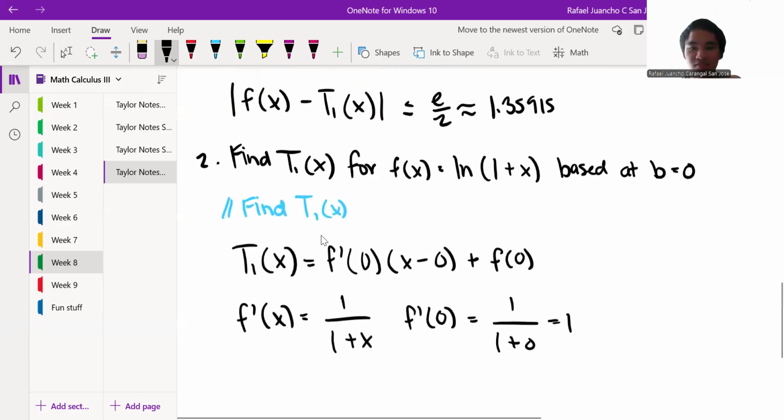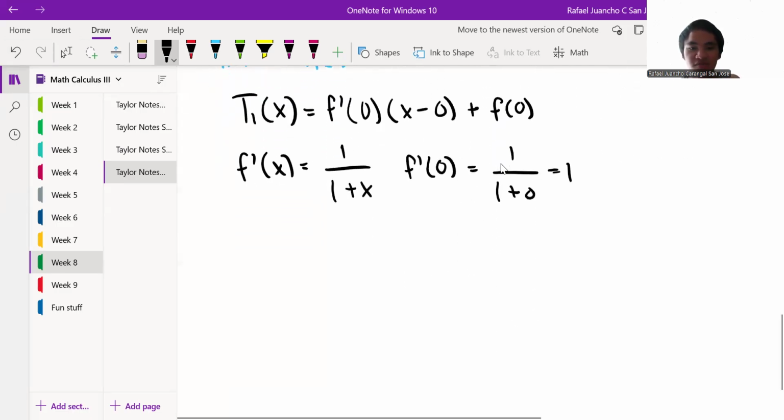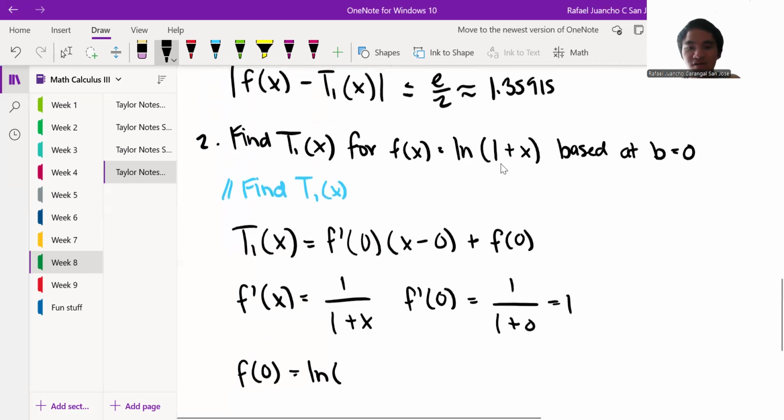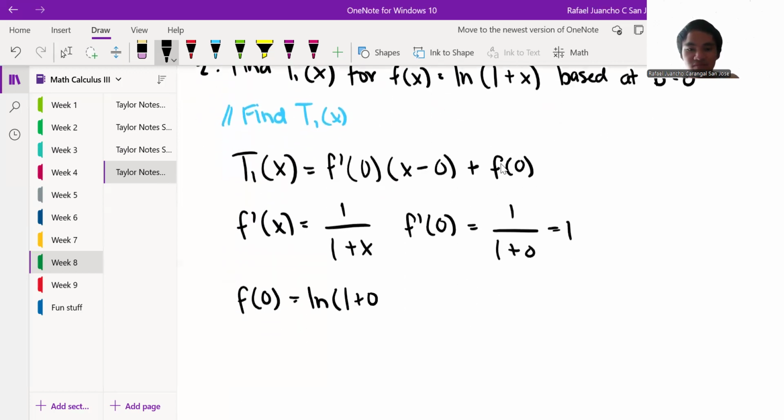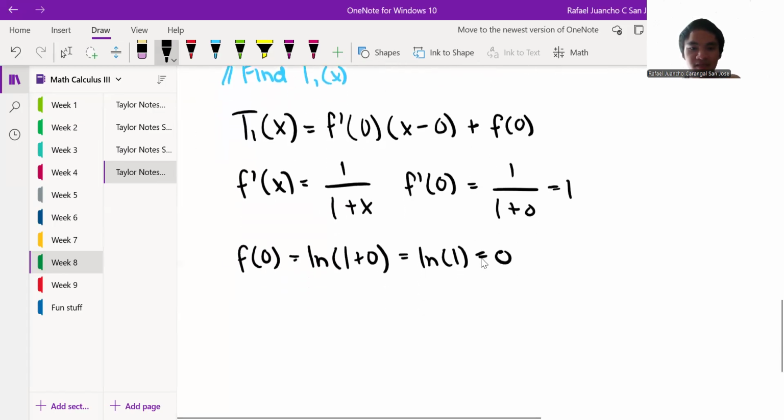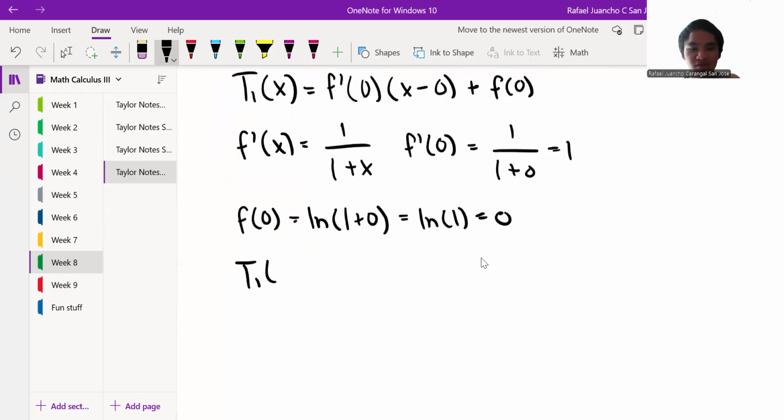And then we have f of 0, which is the natural log of 1 plus 0. And so this is just ln 1. That's 0. And so our final answer would be f prime of 0 is 1. So we have x. That's it. Is equal to x.